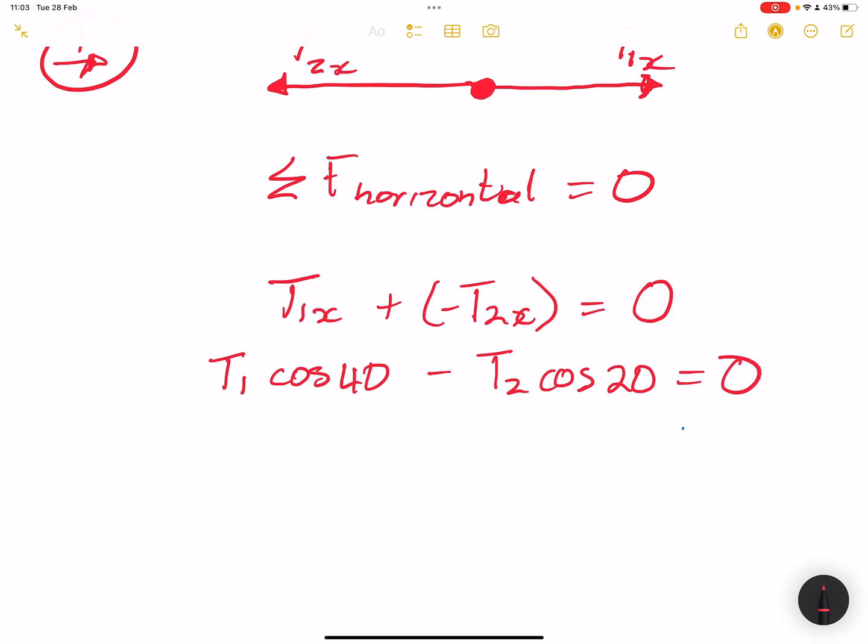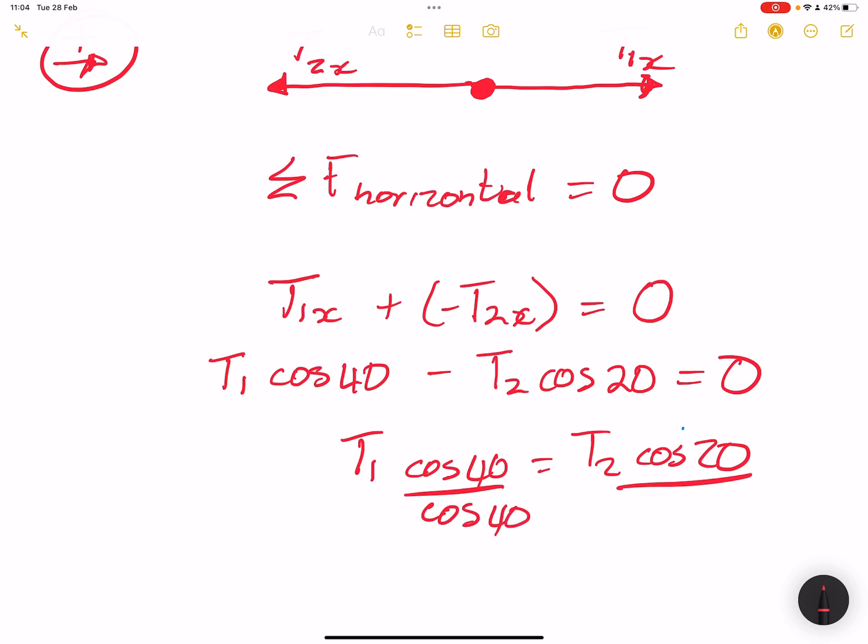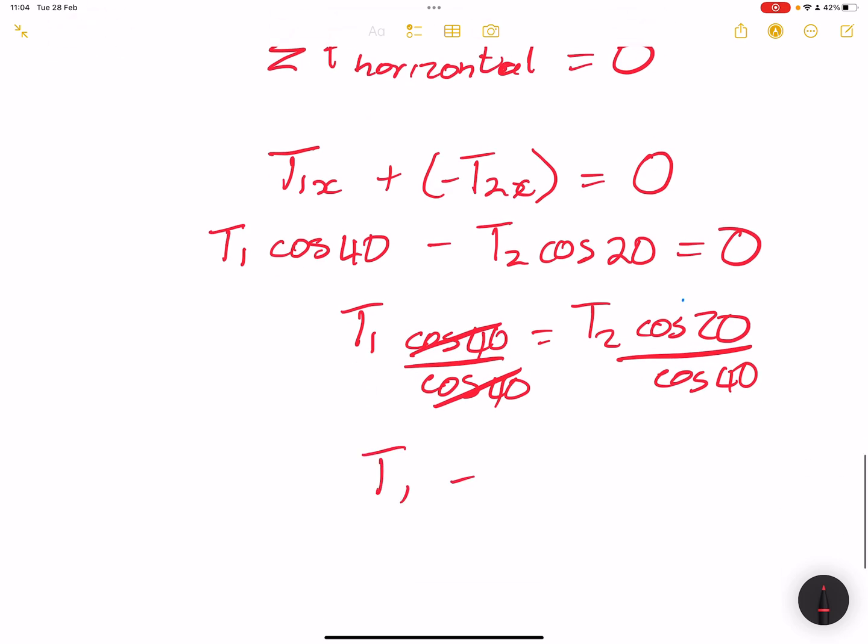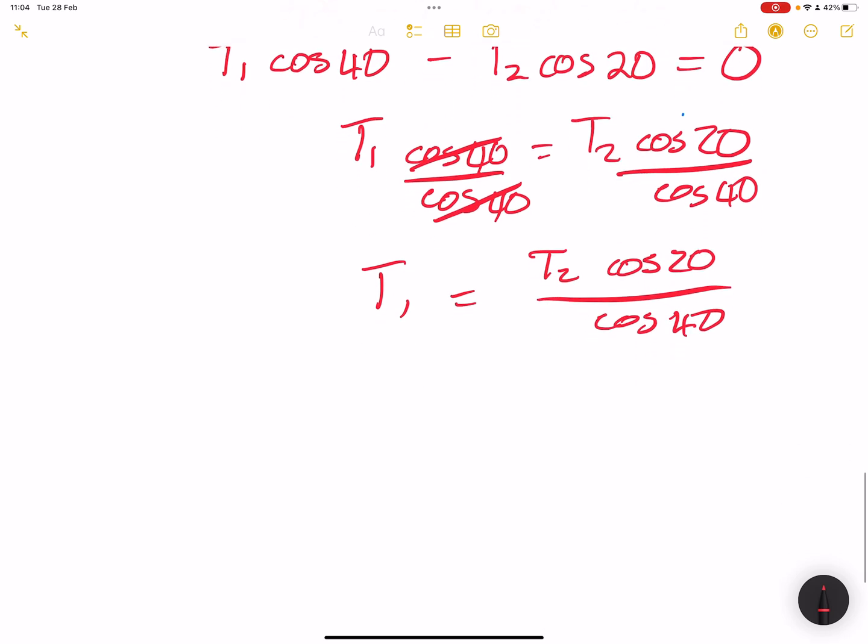So T1 cos 40 is equal to T2 cos 20, and we can divide by cos of 40 on either side. So T1 would be equal to T2 cos of 20 over cos of 40. I'm going to leave it in that manner.